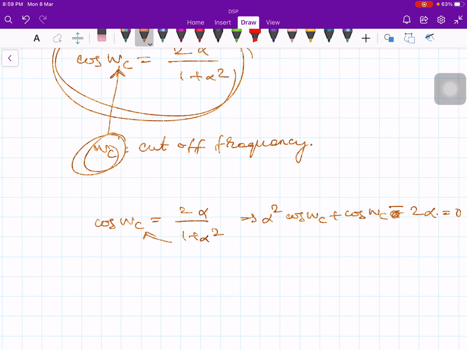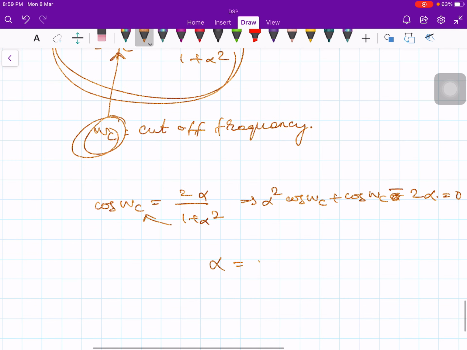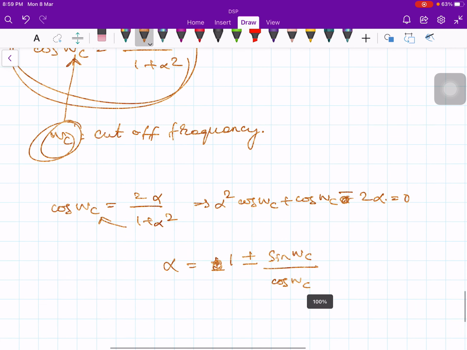It's a quadratic equation in alpha. You solve this, and once you solve it, alpha is equal to 1 plus or minus sin omega c divided by cos omega c. It is a very simple, straightforward calculation.